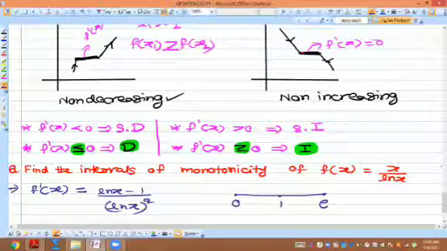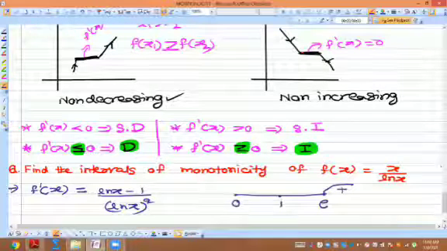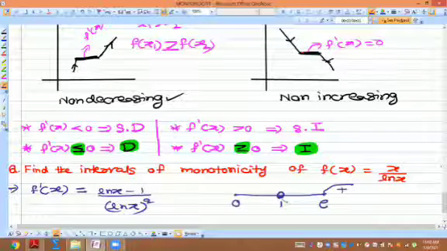If you give e, that is becoming 0. Ln e is 1, 1 minus 1 is 0. After e it will be positive. Between 1 to e give some value, it is negative. At exactly 1 it is undefined actually. But between 1 to e it will be negative.